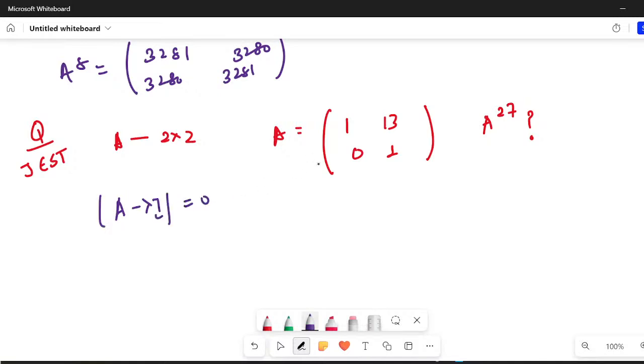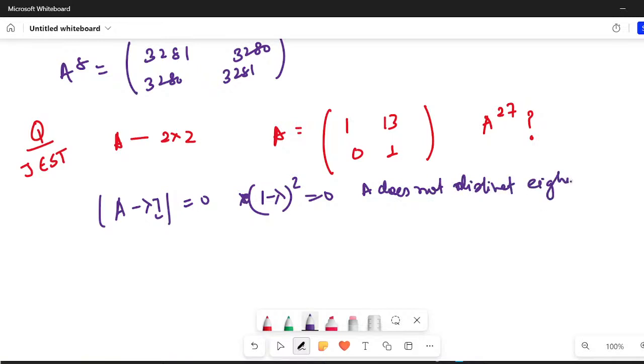I'm simply getting 1 minus lambda whole square equal to 0. Clearly, A does not have distinct eigenvalues.